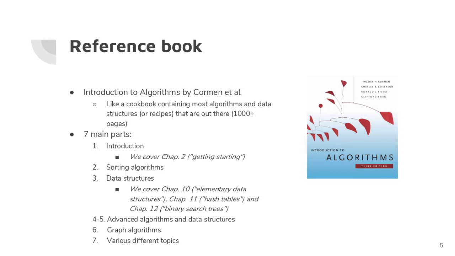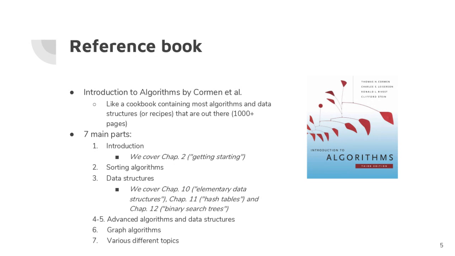And so the book consists of 7 parts. We will cover the introduction, so that's chapter 2, getting started. The second part in the book is on sorting algorithms. The third part is on data structures, and there we will cover chapter 10, which is on elementary data structures, chapter 11, which is on hash tables, and chapter 12, which is on binary search trees.